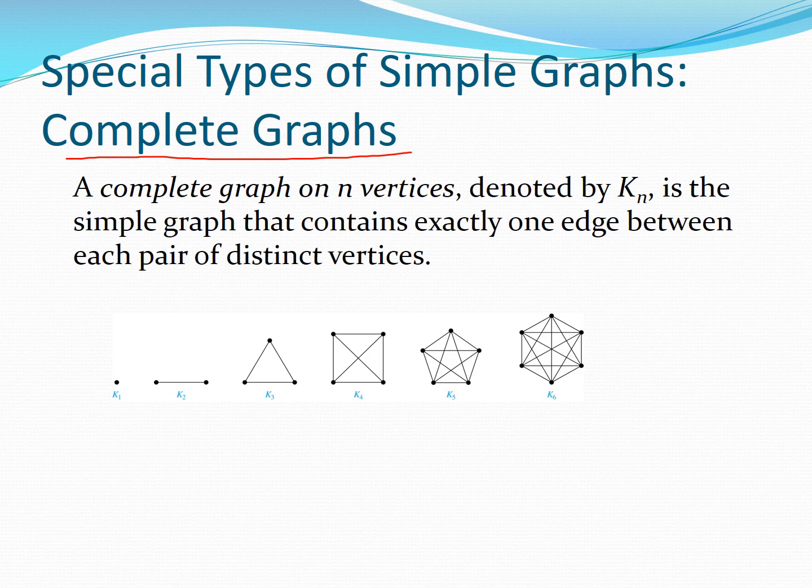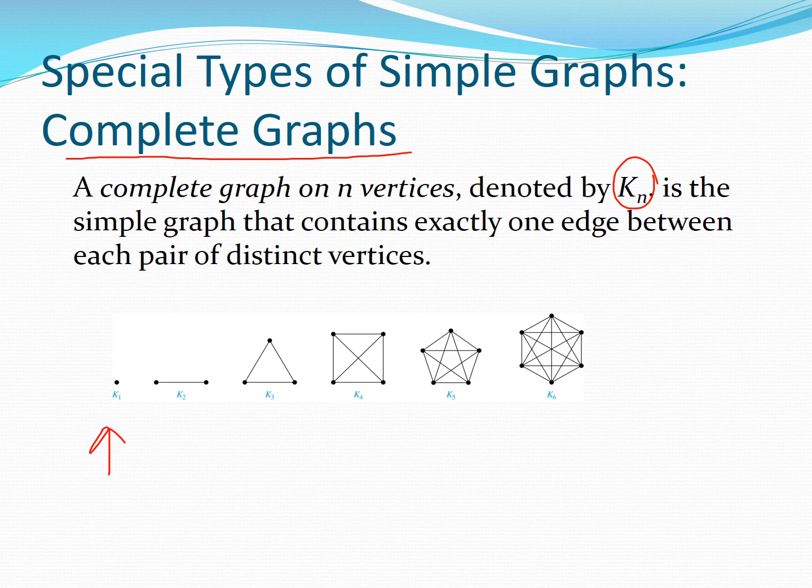We basically denote the complete graph using the letter K sub n, where n is the number of vertices in the graph. The first example here is K1. Basically that means a complete graph with just one vertex.